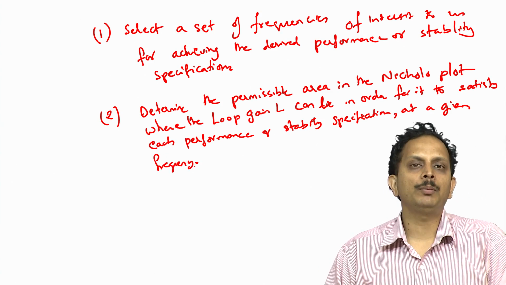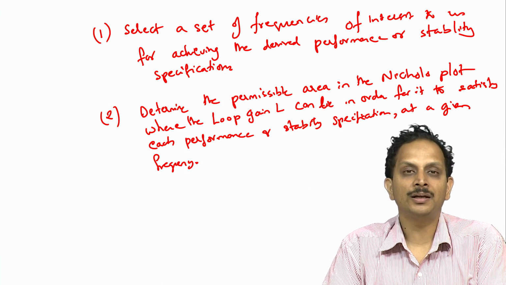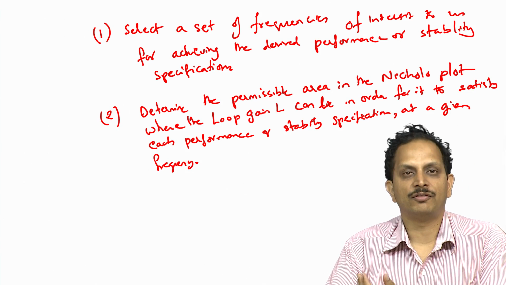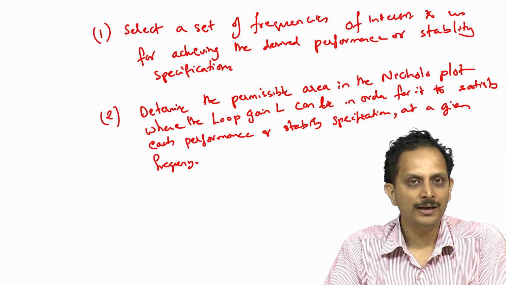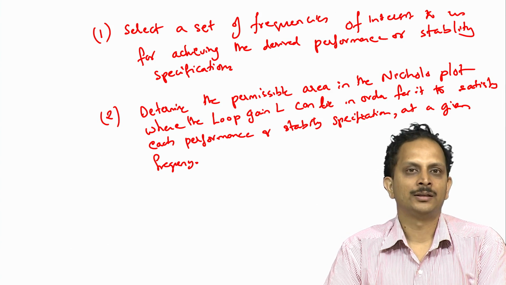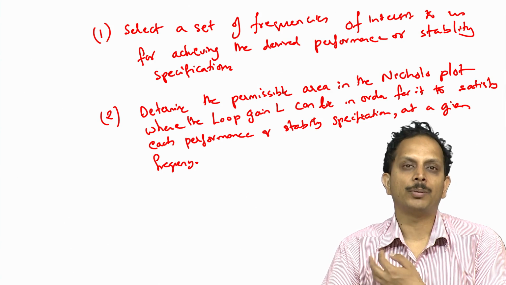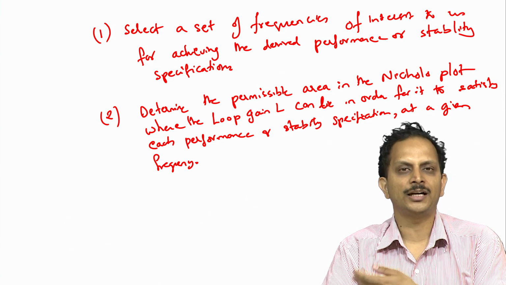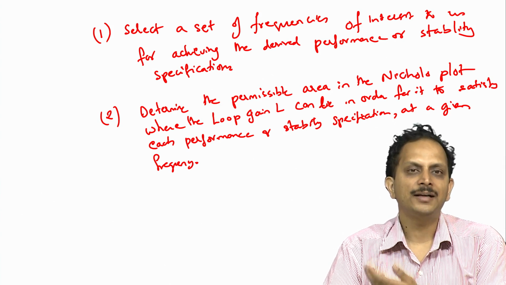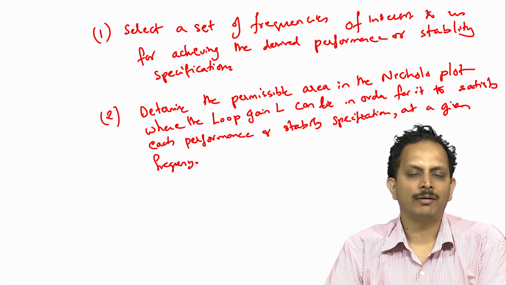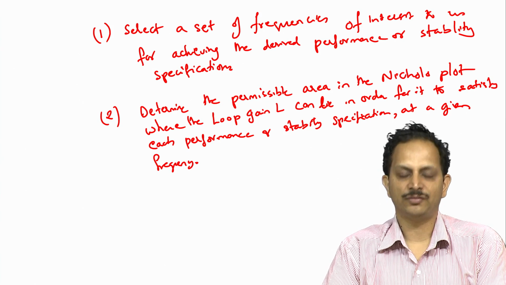So, if we pick one particular frequency, we need to determine what are the permissible values of the phase of L and what are the permissible values of the magnitude of L, which will satisfy the input disturbance specification. Similarly, what are the permissible values of the phase of L and the magnitude of L that will satisfy the output disturbance specification, and likewise also the permissible values of magnitude and phase that satisfy the stability specification.